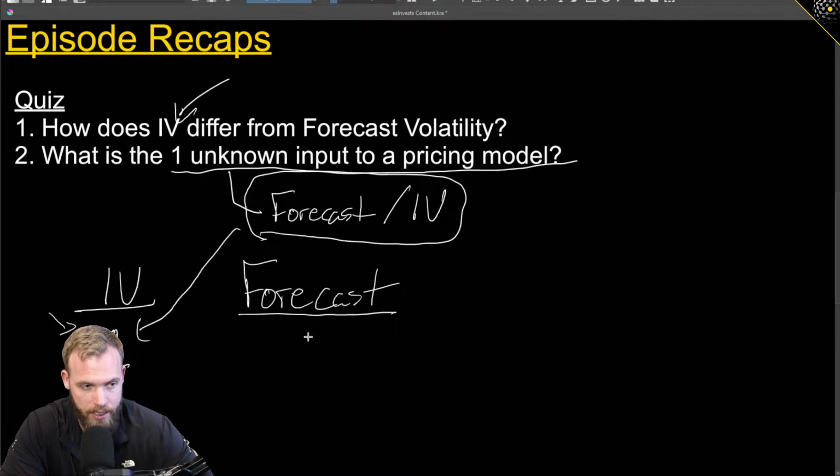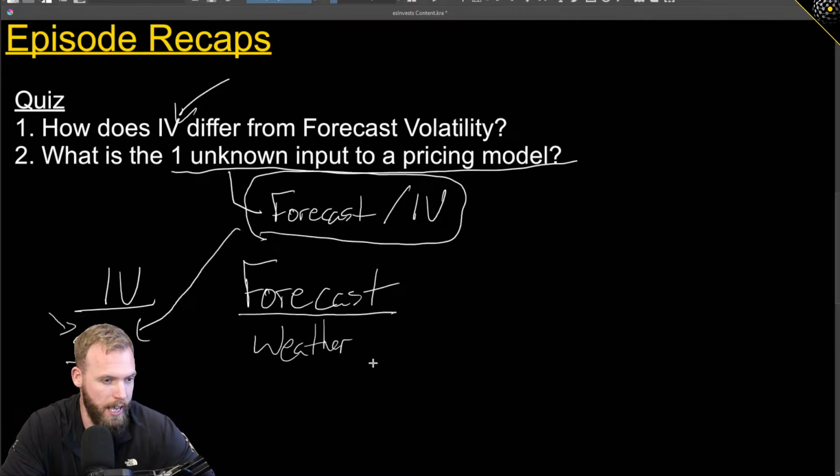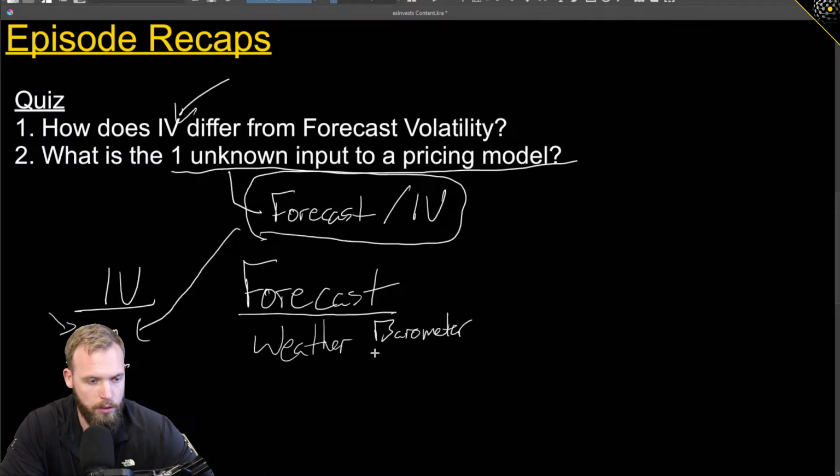Forecast is akin to the weatherman or woman. I am completely gender neutral when it comes to weather people. And the weather people, they need to go out and look at their barometers. They might step outside and see if their head gets wet.